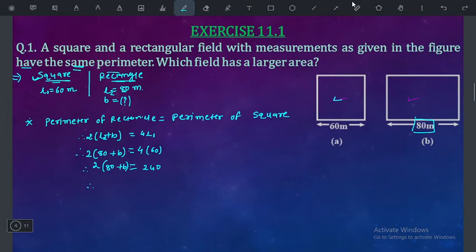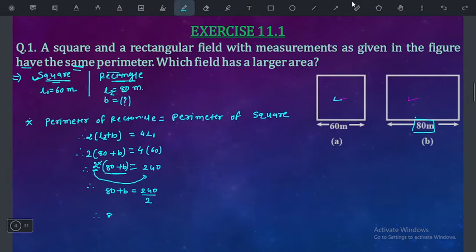Now we want to find out measurement of B. This is our bracket and this is our 2. Relation between 2 and this bracket is multiplication. So this 2 is going to the other side of equals to. So 80 plus B equals to 240 divided by 2, because relation of 2 with this bracket is multiplication. So if 2 is coming here, then relation of 2 with 240 becomes division.